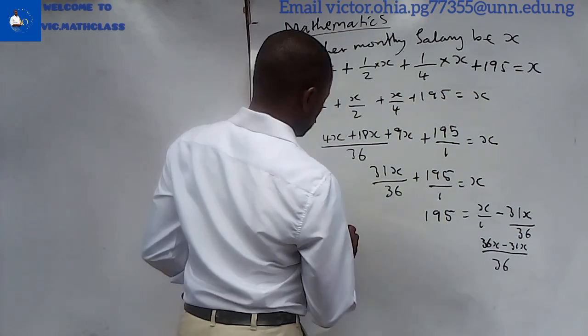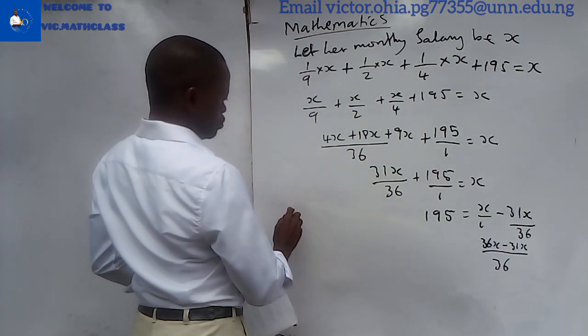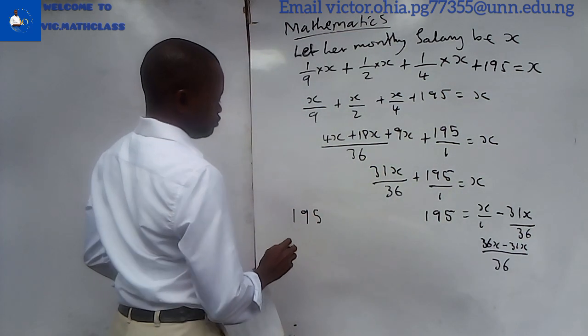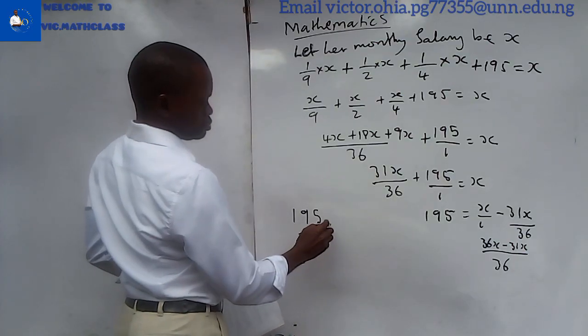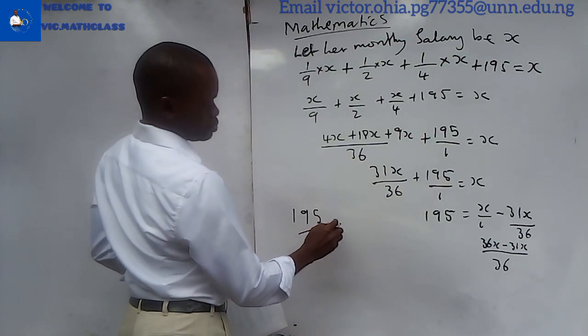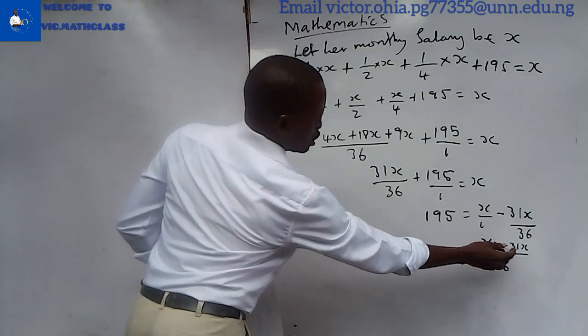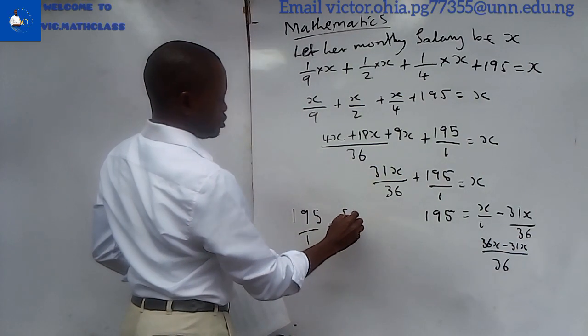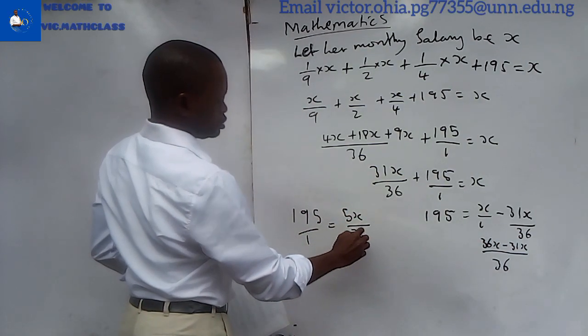So I have here 195 over 1 equals 36x minus 31x is 5x over 36.